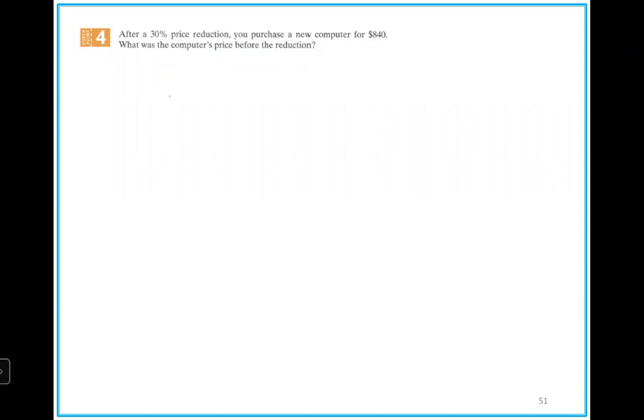X. Okay, X. X minus 30% equals 840. Okay, now is it 30% or 30% of X? Or 30% of X. Okay, so X minus 30% of X is equal to 840.